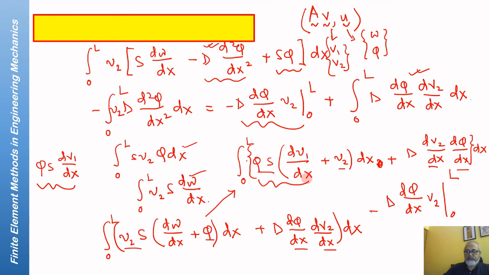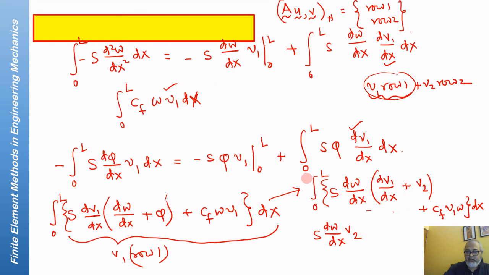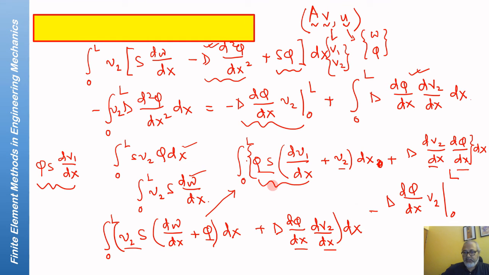I can use the term from the first part of the equation, which is s dw dx v2. So I can use s dw dx times v2 here, and if I do that, then I have exactly what I had before.